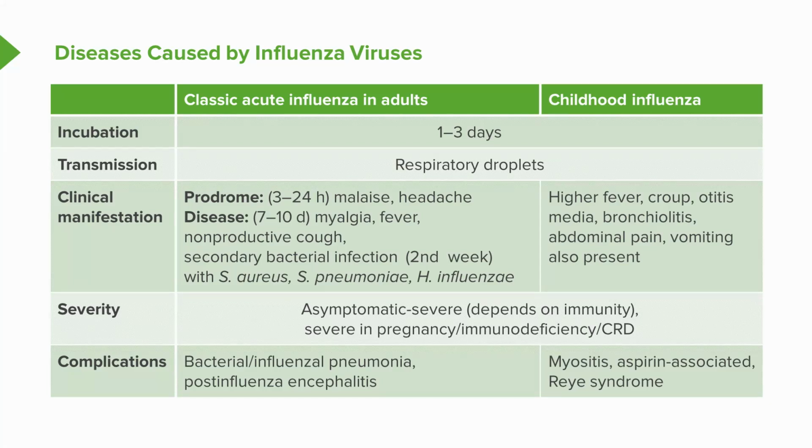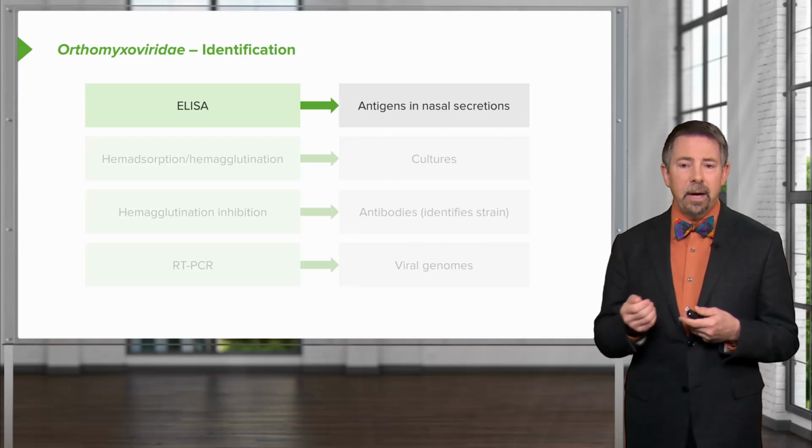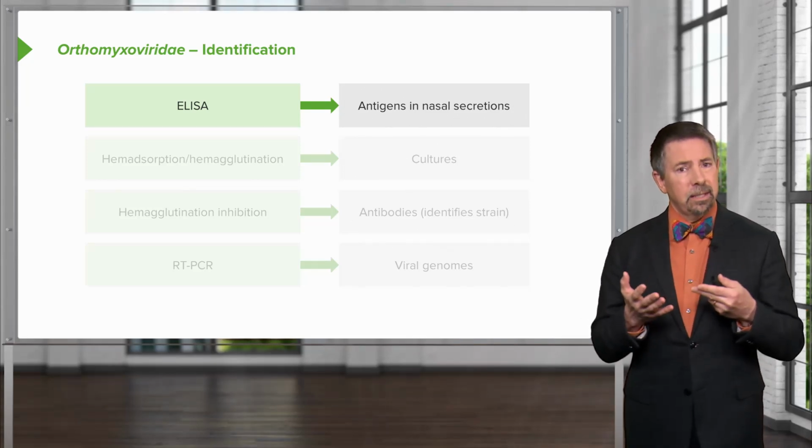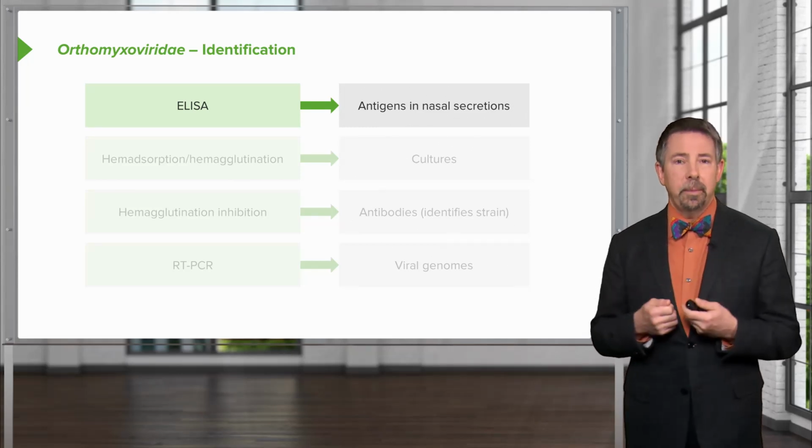In children, myositis, and some children who are still mistakenly treated with aspirin are at risk for Reye syndrome or fulminant hepatic failure. But again, that's more due to ingestion of aspirin. So overall, the severity depends upon age and then to a secondary extent, the immune function of the patient.